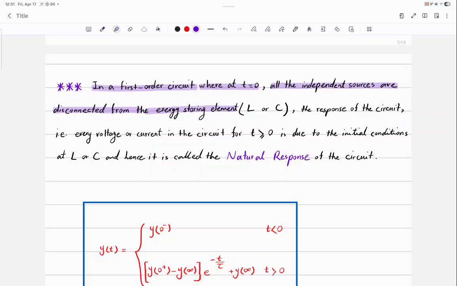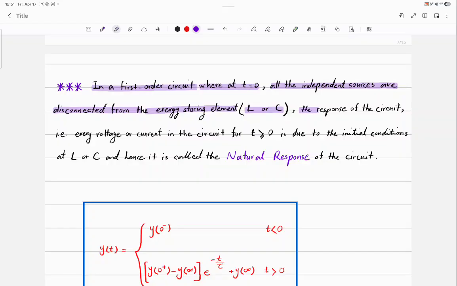At t equals 0, the independent source was disconnected from, what do I mean by energy storing element? Inductors and capacitors. L or C. Now if you remember what happened, before disconnection, it has stored energy, and after being disconnected, it started releasing the energy until it completely is dead.